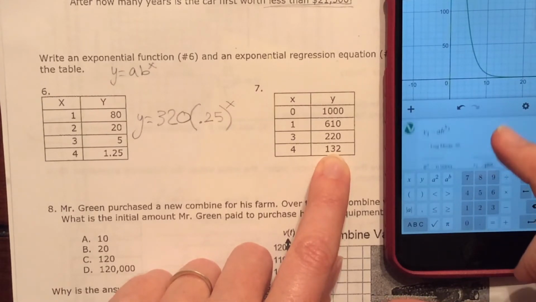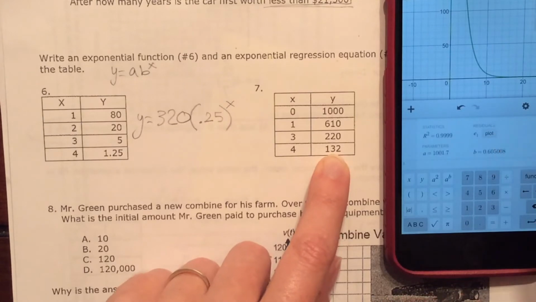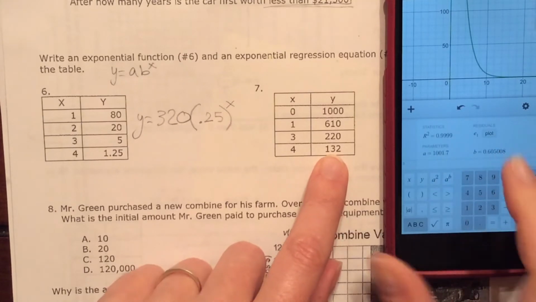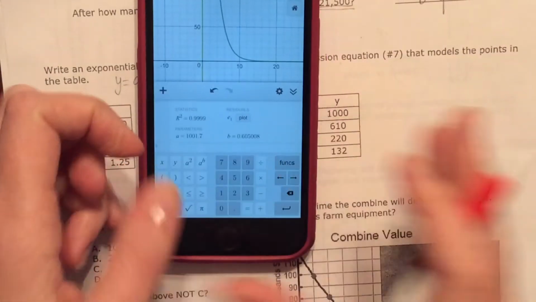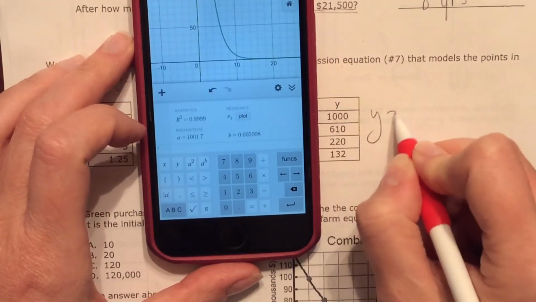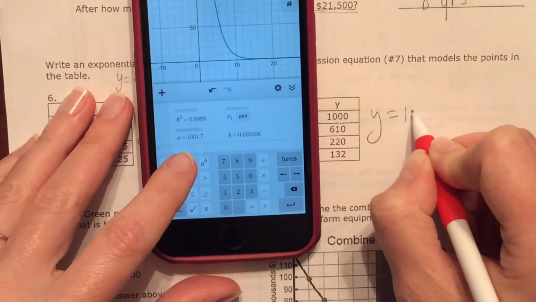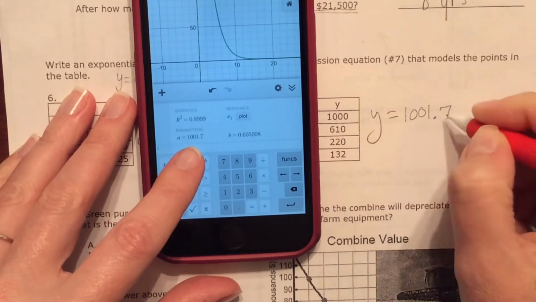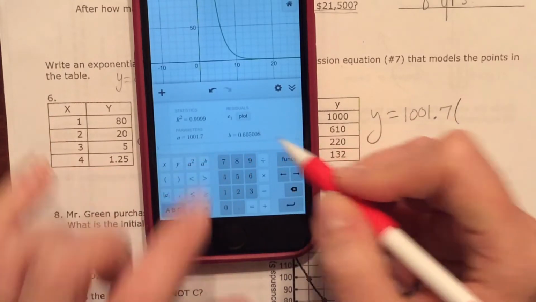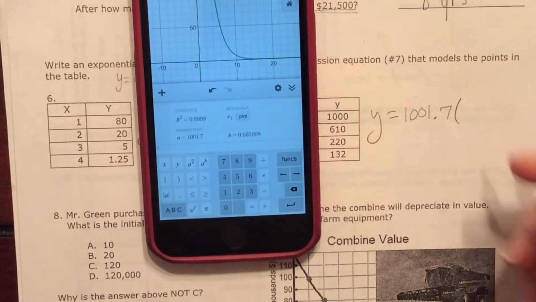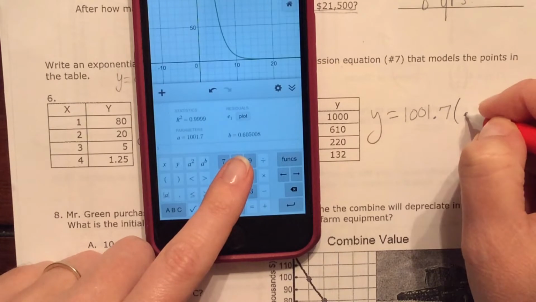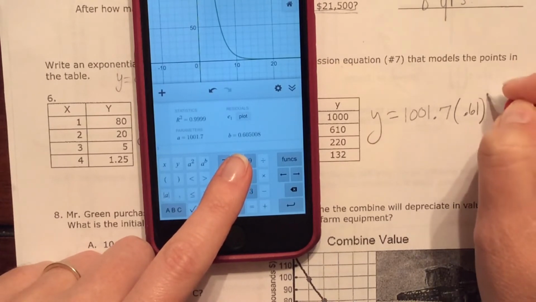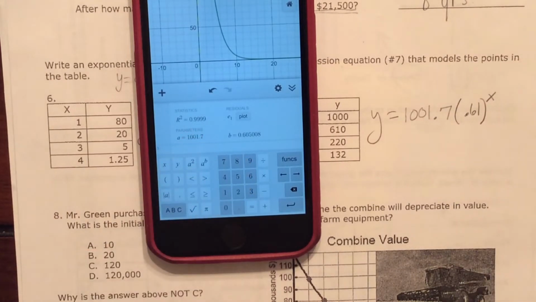And so then we go and look at our values here. Again, we have our a and our b. So we're going to write down y equals 1001.7 is our a value, times, and we're going to round this to the nearest hundredth, 0.61 to the x power.